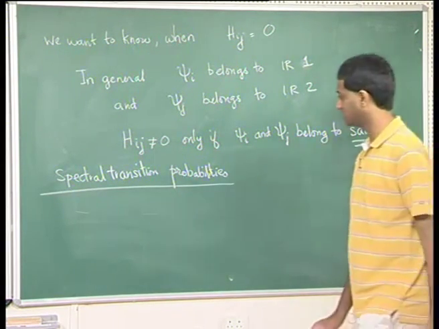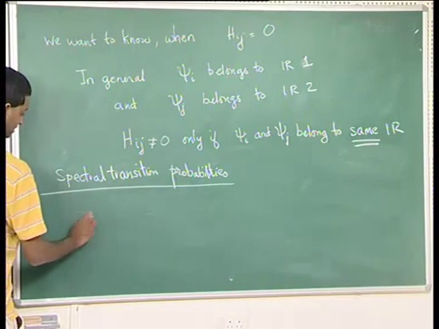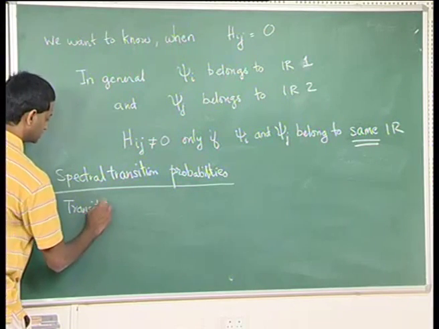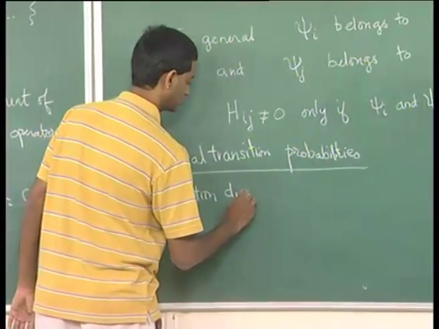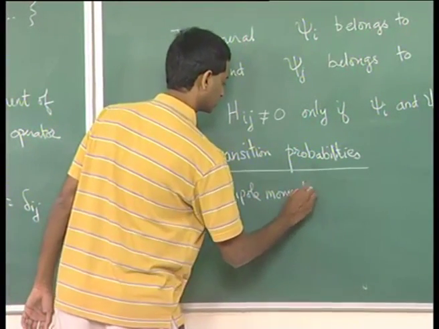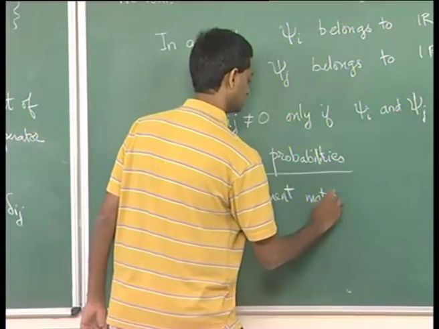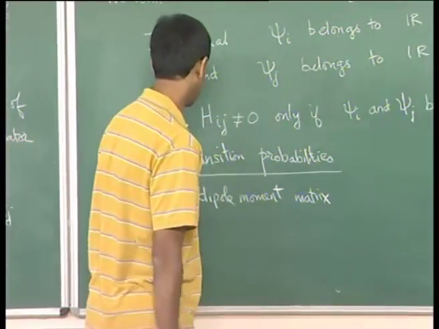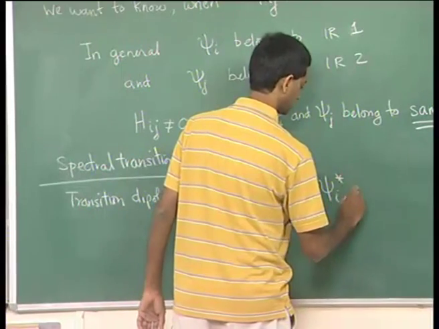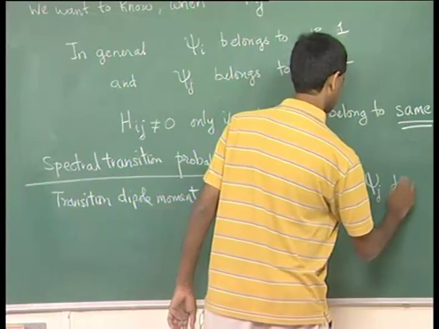Here typically the transition probabilities involve a quantity called the transition dipole moment matrix, and this is given by the integral of psi i star mu psi j d tau.